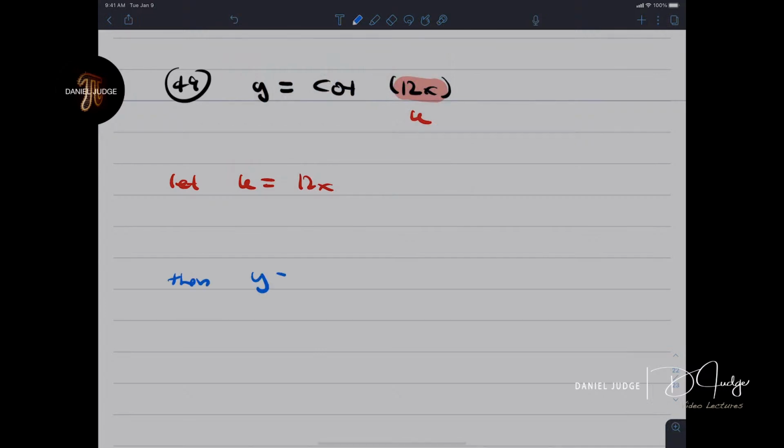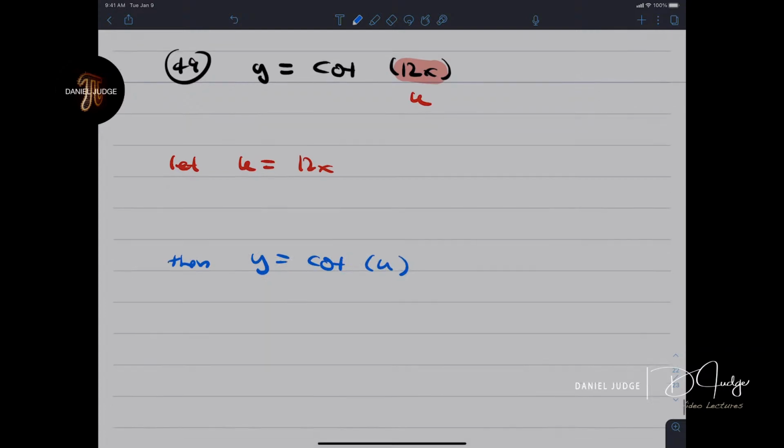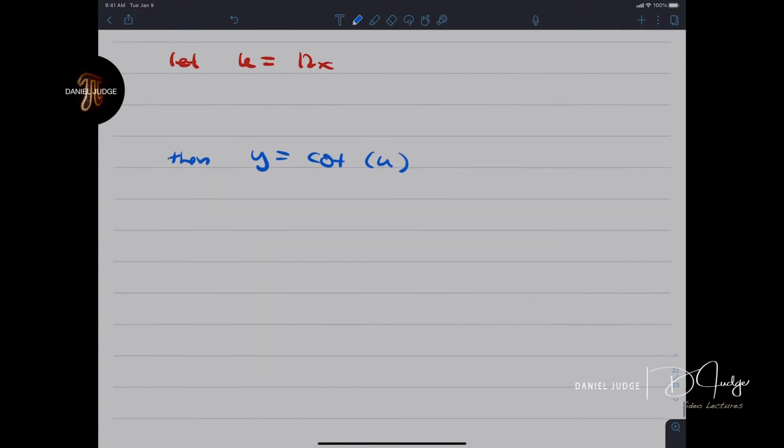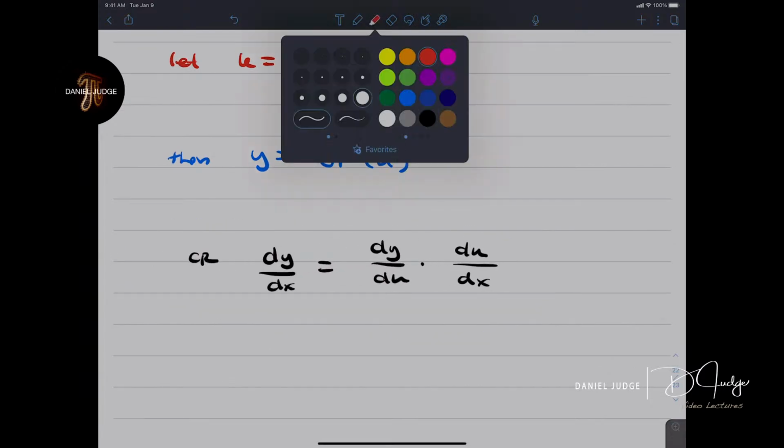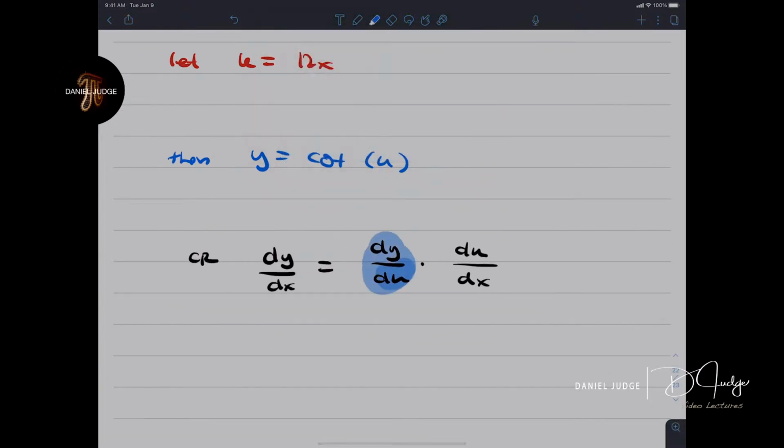Then that means y equals cotangent of u. So by my chain rule, we need dy du, we need du dx.